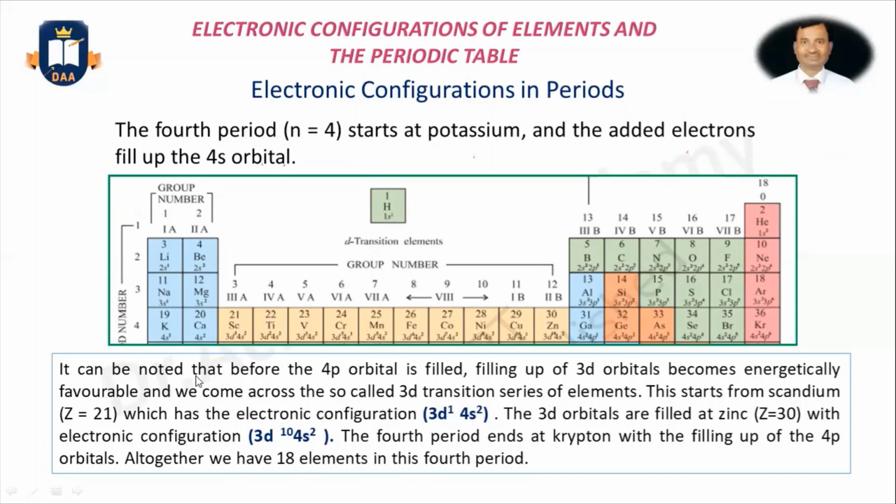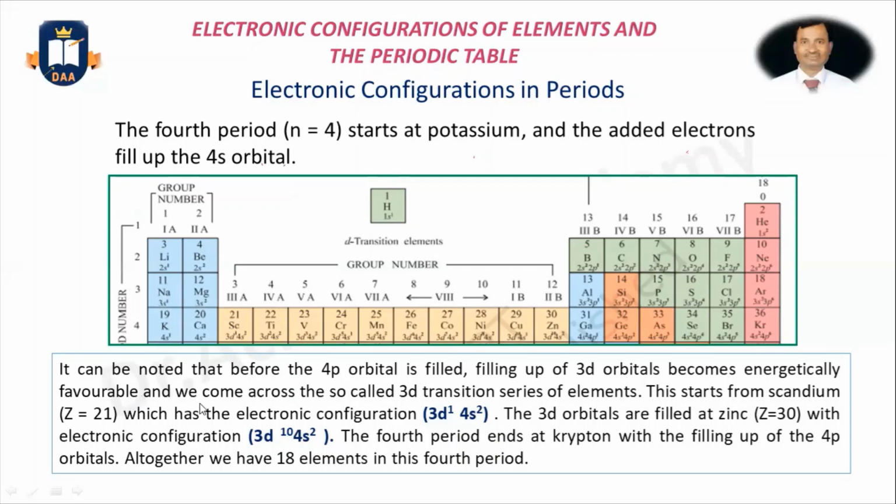So it can be noted that before the p orbitals are filled, filling up the 3d orbitals becomes energetically favorable. And this we already know from the above principle, whatever I already discussed in the previous class. You can find it in unit number 2.